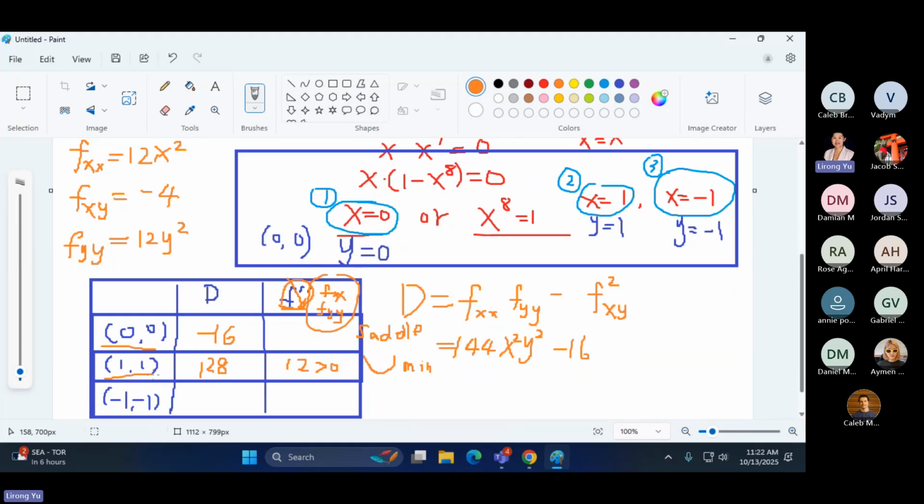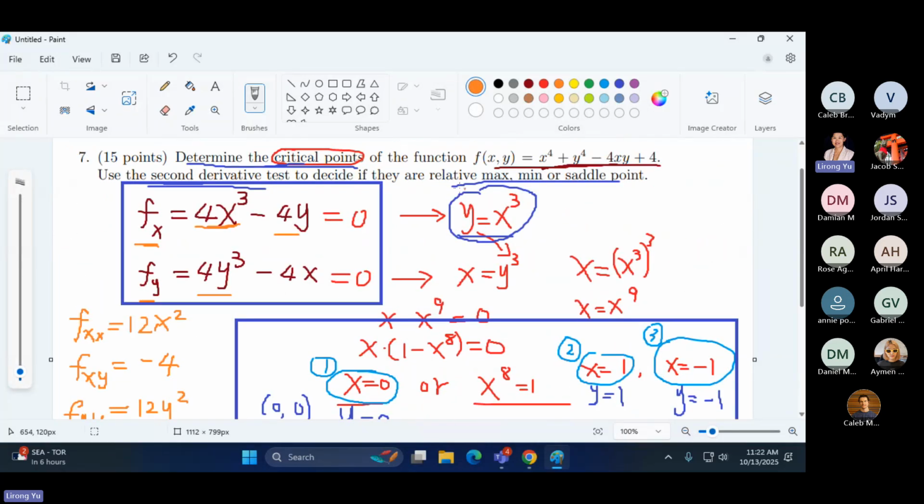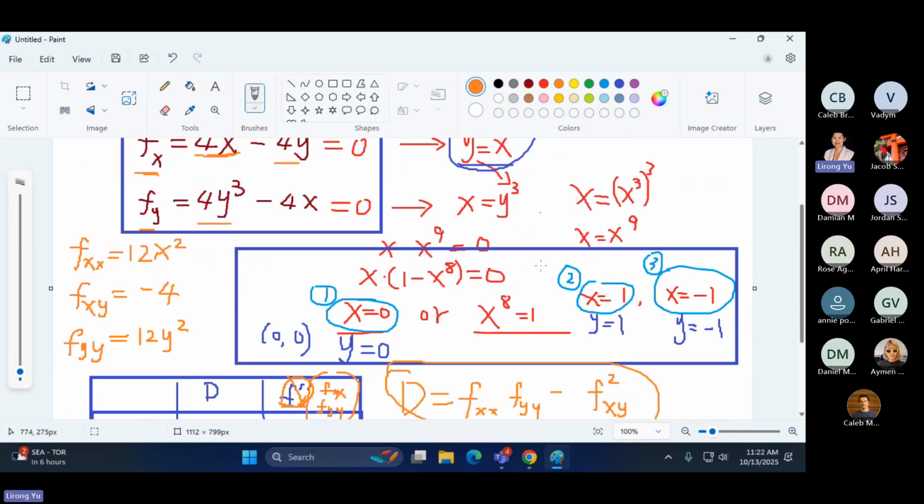And then for negative 1, negative 1, you put it in the formula for D, and that will still be positive 128. Then we plug into the second derivative, and they're also positive, so those are also relative minimums. We don't have a relative maximum point in that case, but that answers all scenarios for all 3 points.